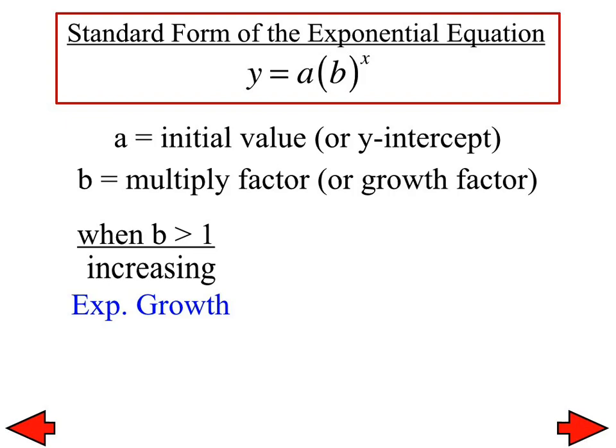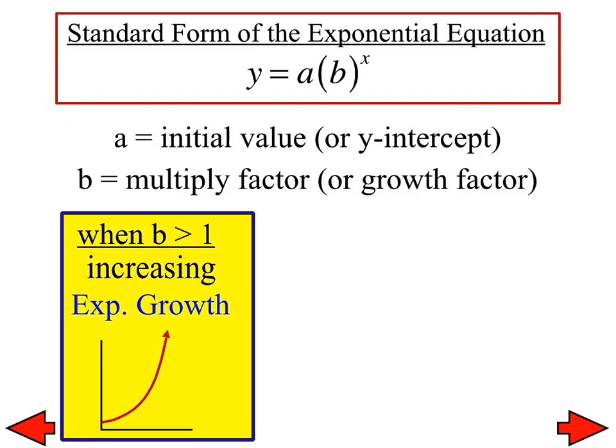A generic graph of an exponential function that is increasing or represents exponential growth would look something like that. So make sure you have everything inside of that rectangle written down in your notes.